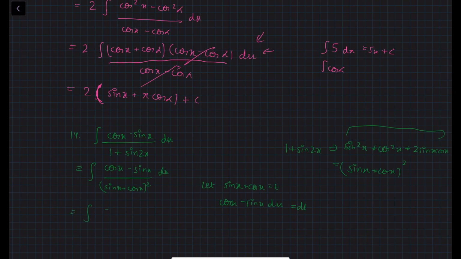The numerator becomes dt, the denominator becomes t squared, so I'm going to write that as t to the power minus 2. Using the power rule, we have minus t to the minus 1 plus c, and t was sine x plus cosine x. So we can write that as minus 1 over sine x plus cosine x plus c.